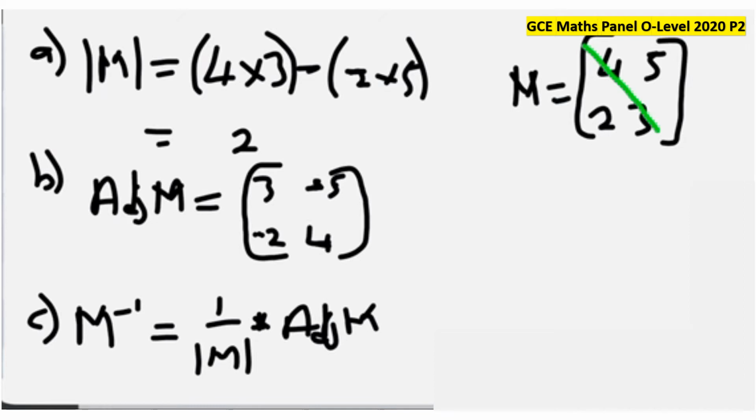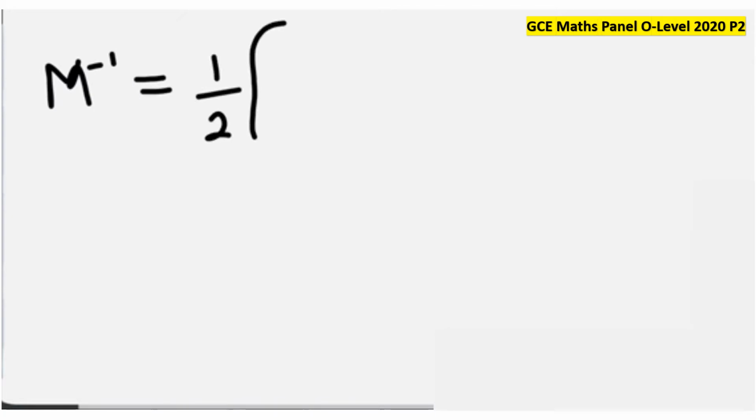So M inverse is equal to 1 over 2, our determinant, times the adjugate: 3, minus 5, minus 2, 4.